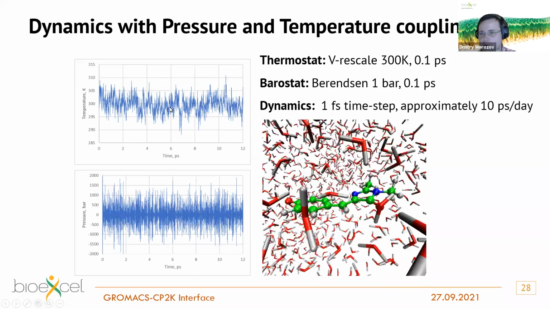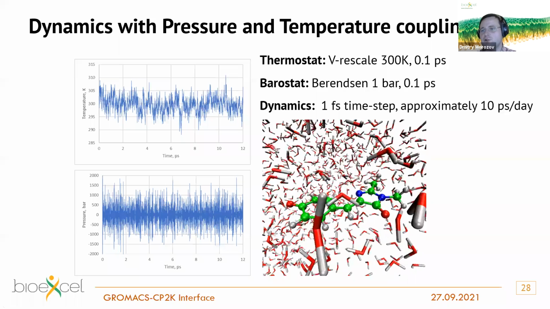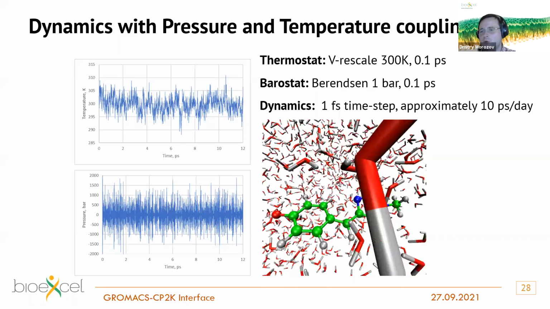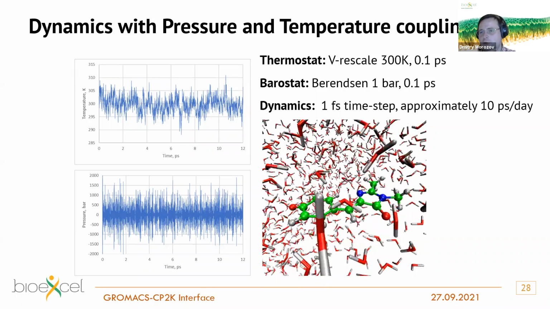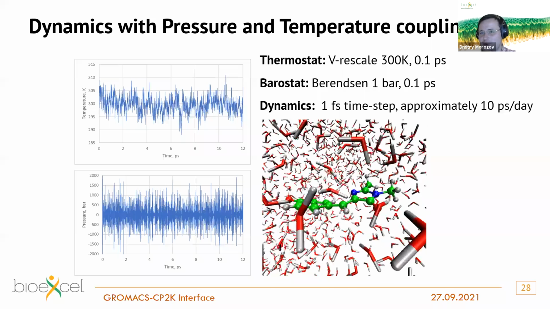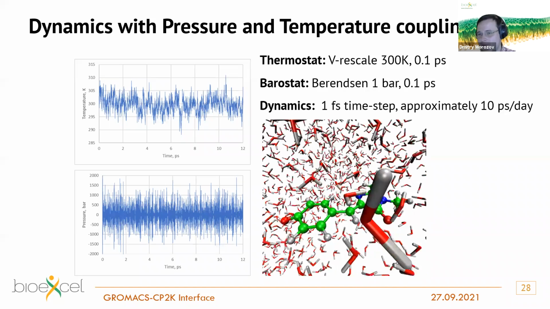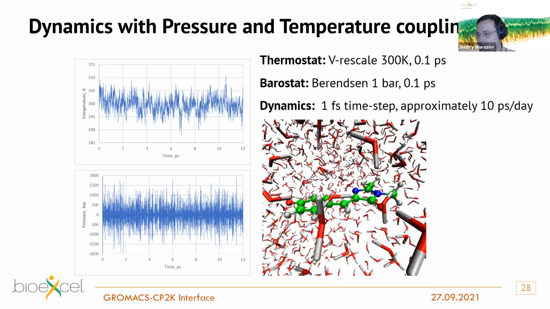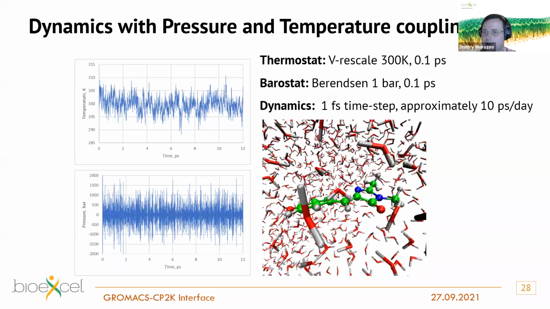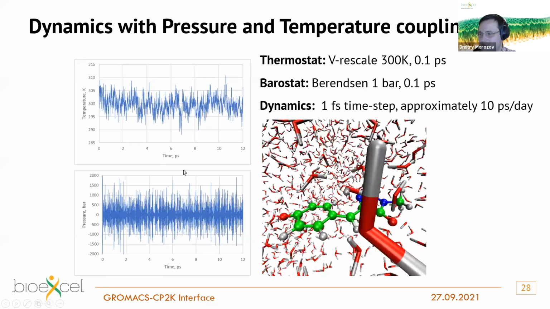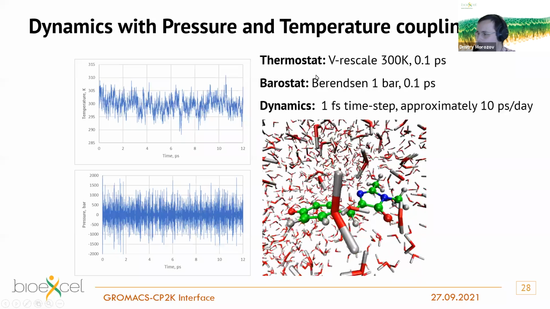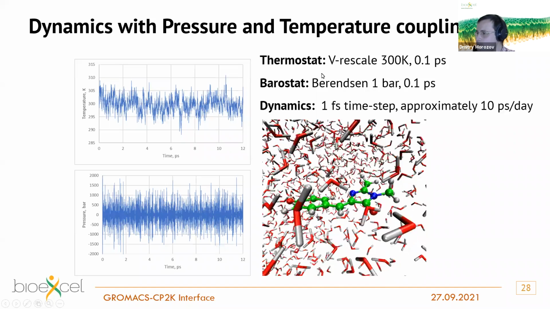However, for pressure I'm not so sure, because for pressure you also want to calculate the virial of your force, and for QM/MM forces it's not so easy to calculate the force virial for the pressure calculation. So it's one of the hard things to do. However, in practice, the barostat still works.